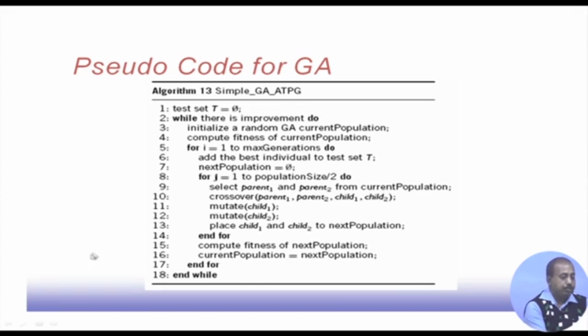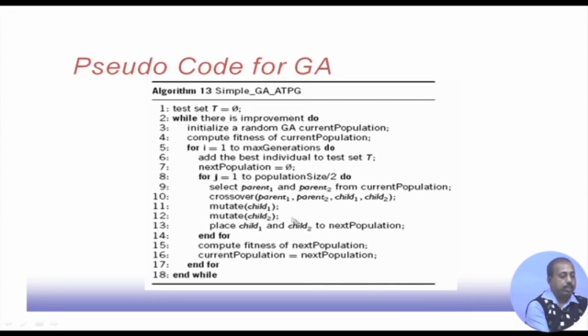We select two parents, parent 1 and parent 2, from the current population, and then perform the crossover operation over parent 1 and parent 2 to create two children, child 1 and child 2. Then we do some mutation operation. Both child 1 and child 2 are subjected to some mutation, which modifies them a bit, and then child 1 and child 2 are put into the next population.